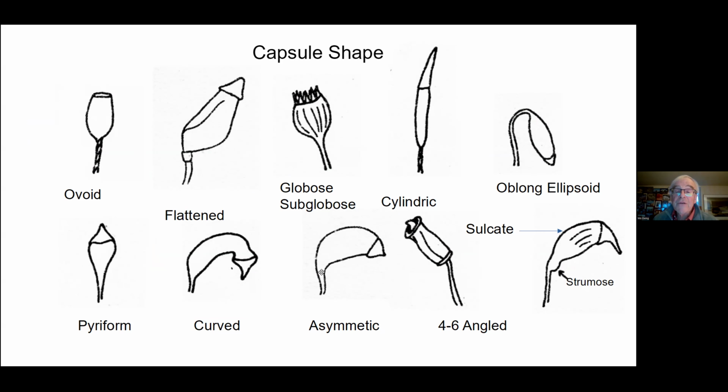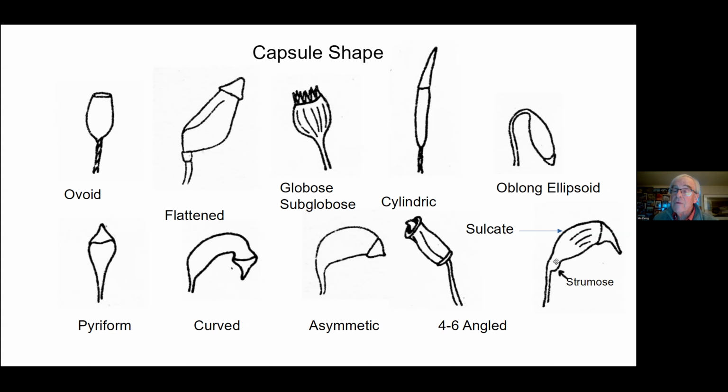Some of them are asymmetric. They're shorter on one side than the other. Some of them are angled, four angled or six angled. Polytrichum, in the Polytrichaceae, is angled. And then some are called sulcate, which are just grooved. They're not angled, they just have grooves.